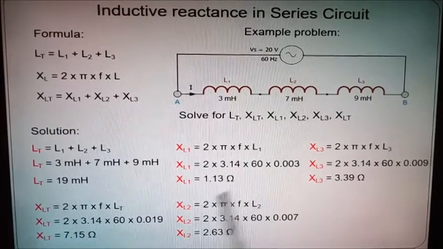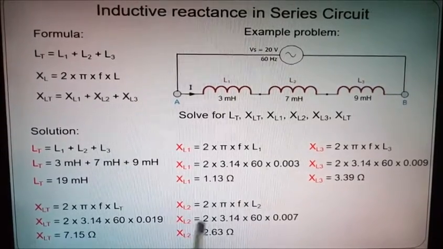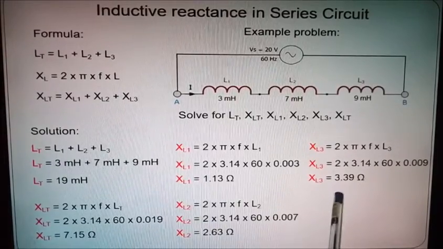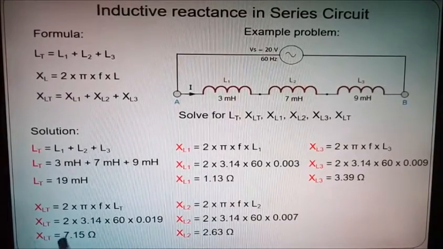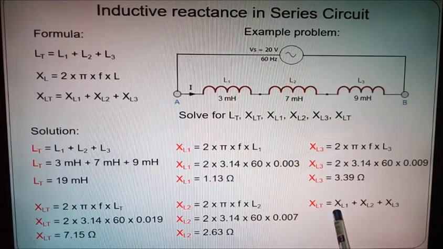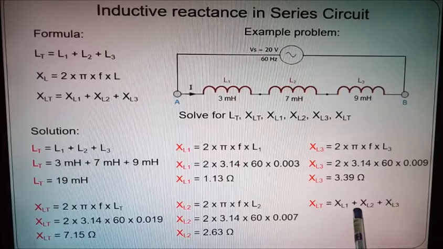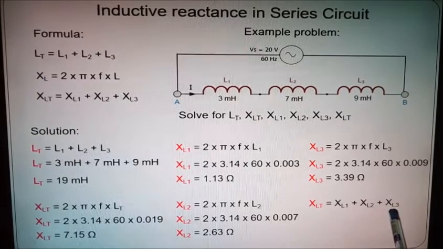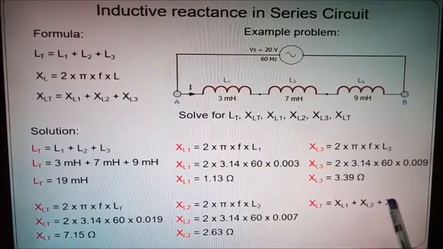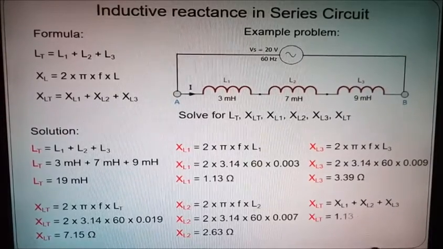3.39. Now if you sum up these three XL, this will be equivalent to XLT. The formula is XLT is equal to XL1 plus XL2 plus XL3. Substitute the value of XL1, XL2, and XL3.